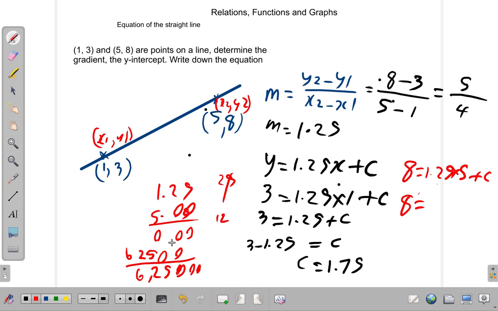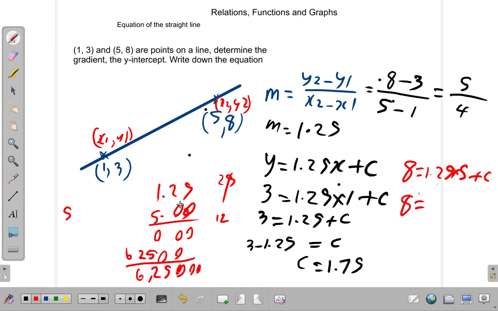We could also say, what is a quarter of 5? 1 multiplied by 5 is 5, and 5 times 25 is 625.